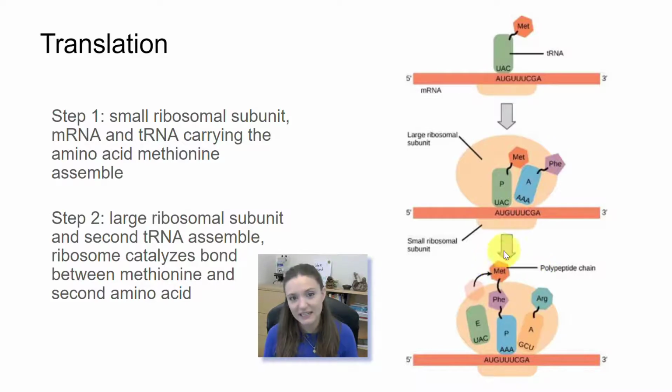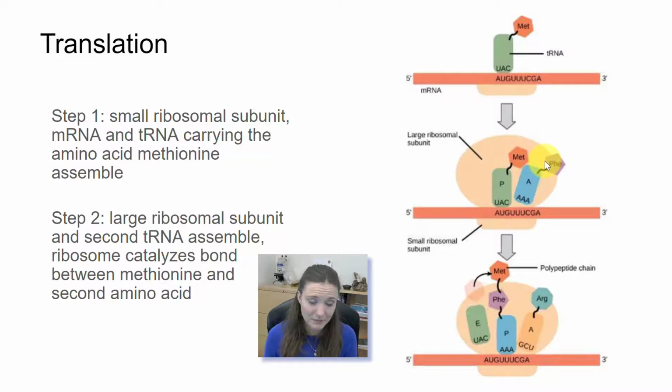Basically what happens is it transfers the amino acid chain that's in the P site to this next tRNA that's sitting in the A site. And then it shifts over by 3. So here we have now catalyzed methionine and phenylalanine.